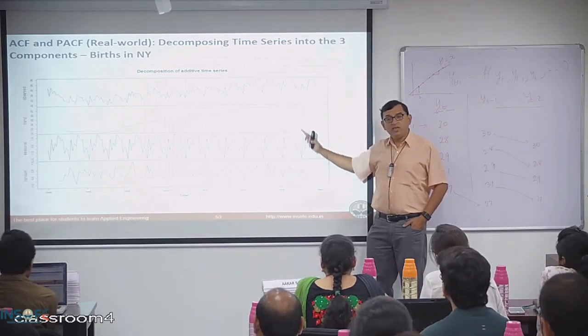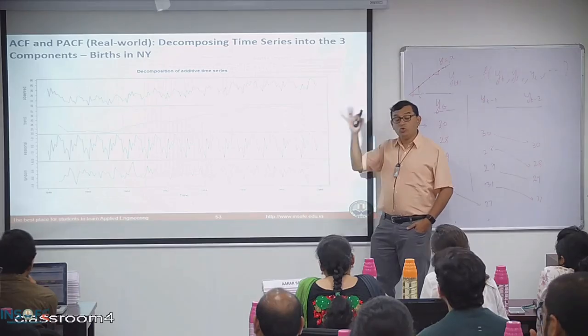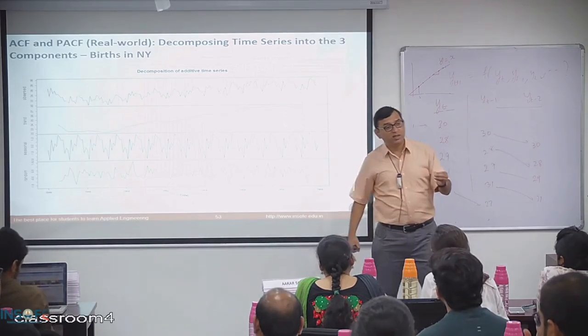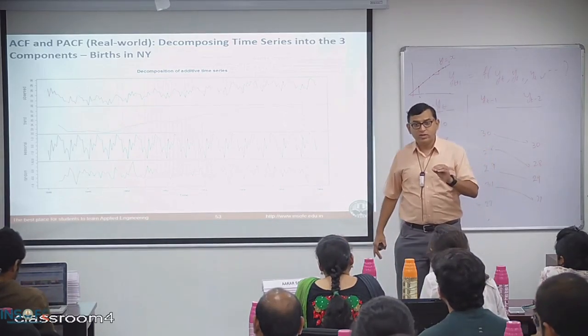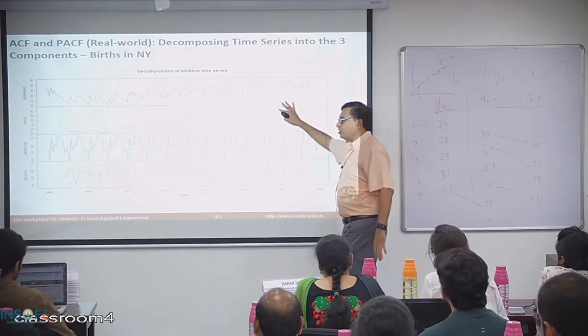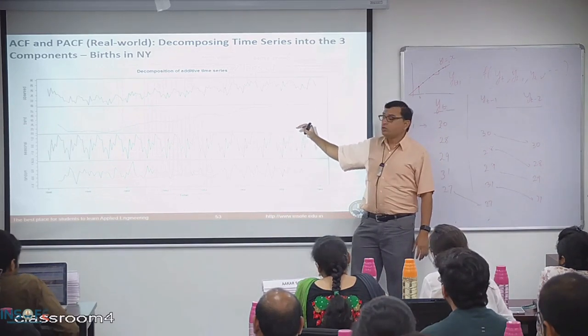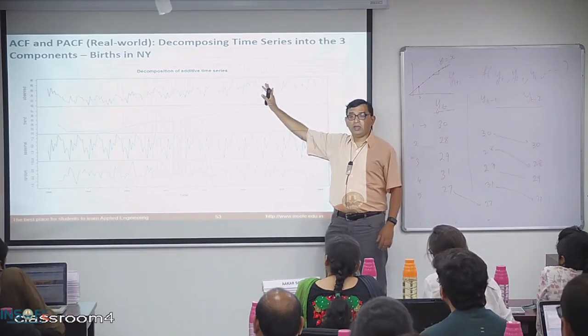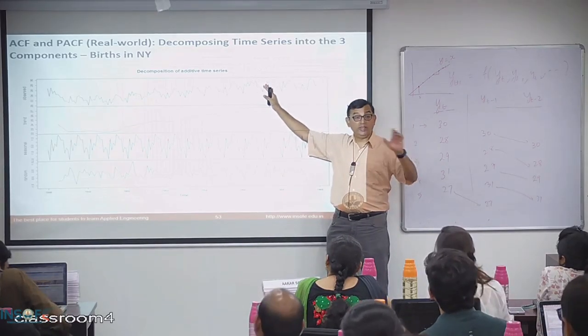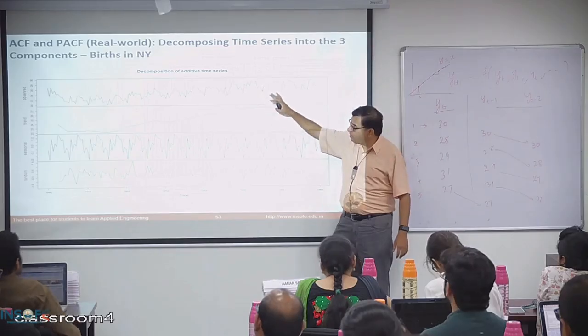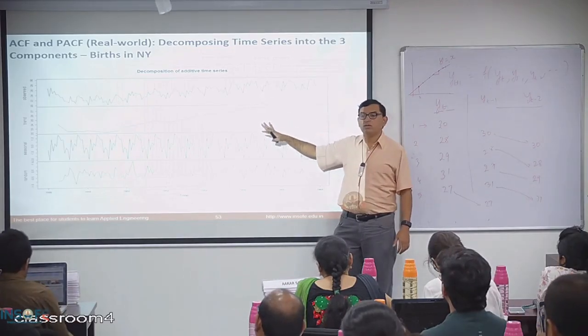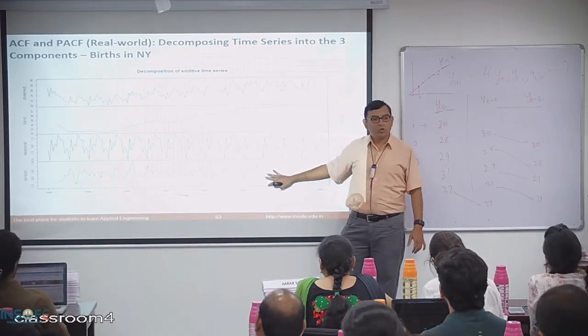The way it is done is using information that is there in the autocorrelation function. The function that does this is called decompose. So you give it a time series and you call the function decompose. It will split that into the trend component, seasonal component, and the noise component.